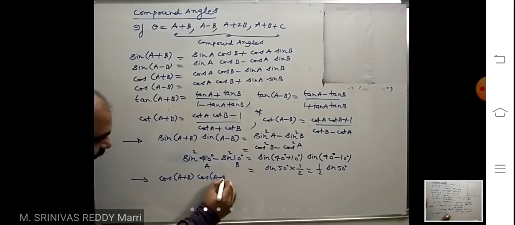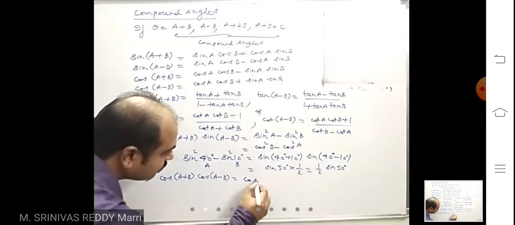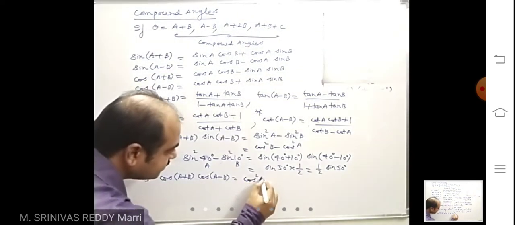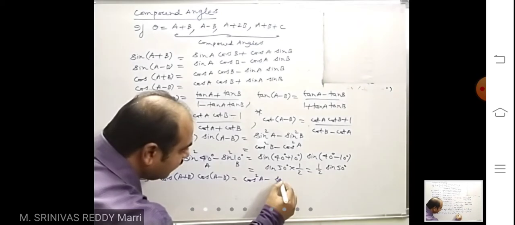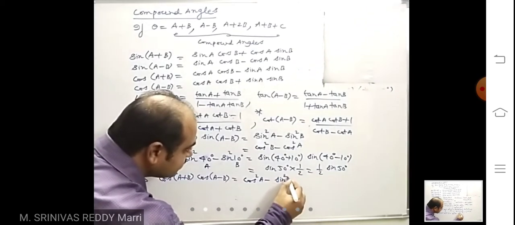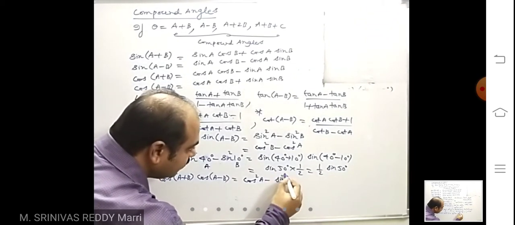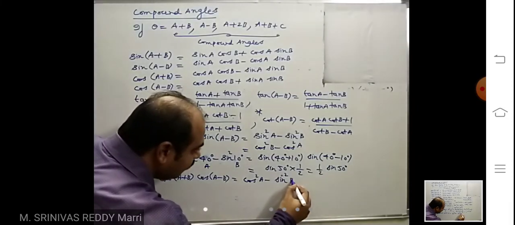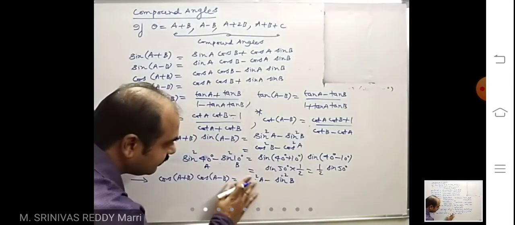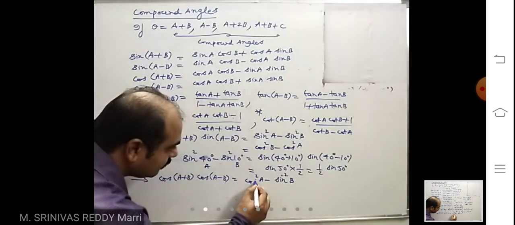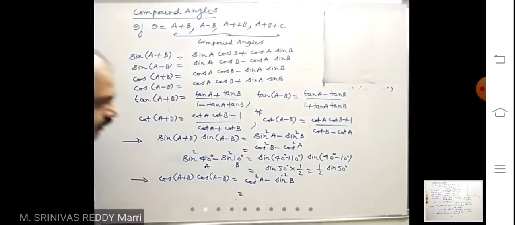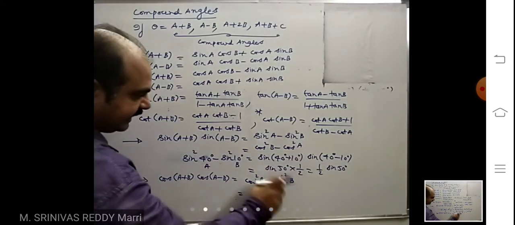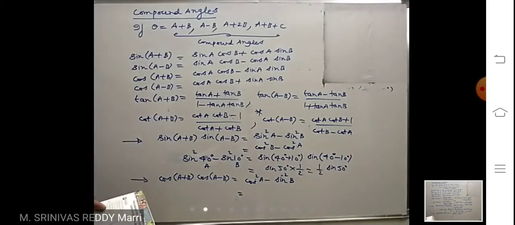Cos of A plus B into cos of A minus B. This formula is nothing but cos square A minus sine square B: cos square first angle minus sine square second angle.